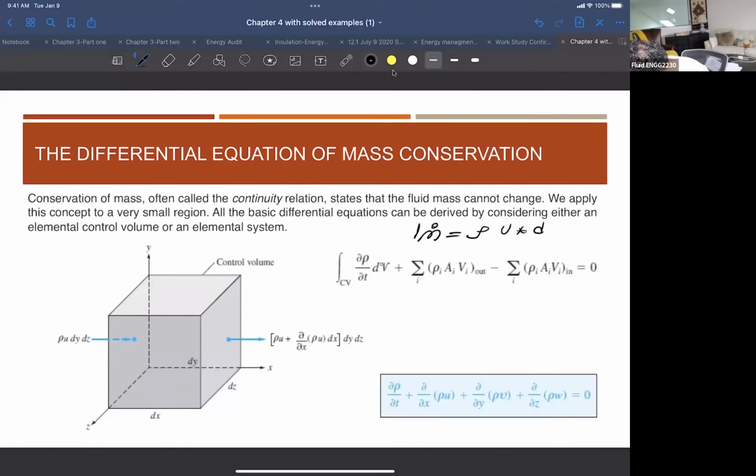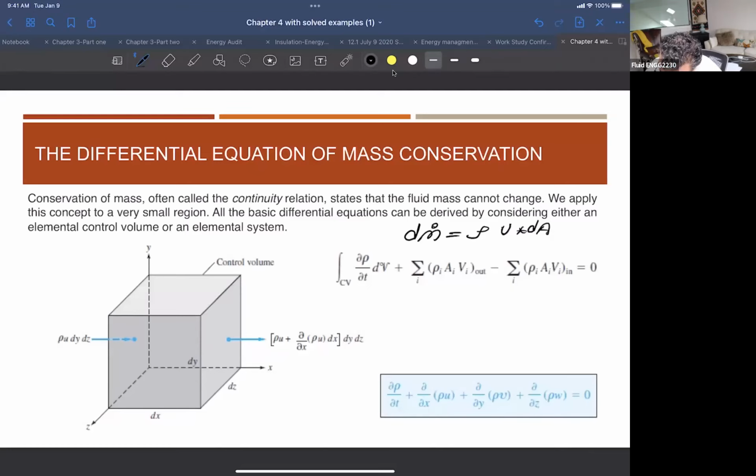If I'm talking about differential mass, that means I'm talking about the density times the velocity at this point times the small little area, right? Now imagine I'm talking about a simple Cartesian coordinate system, with fluid coming in this area.